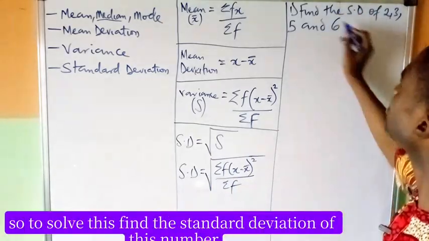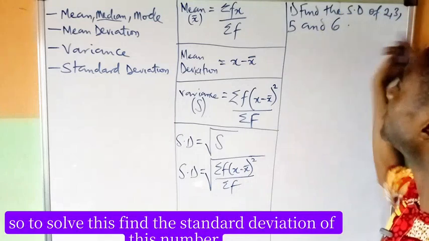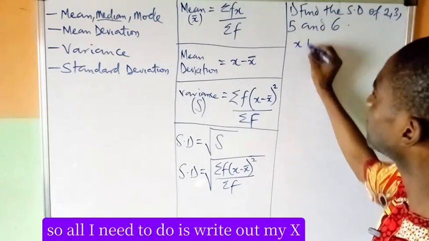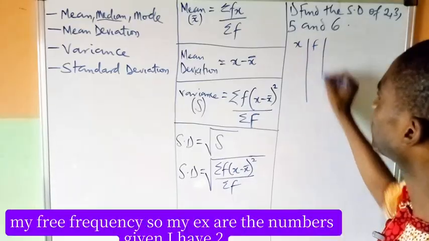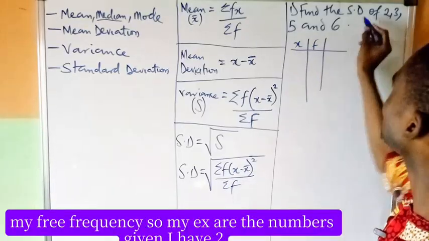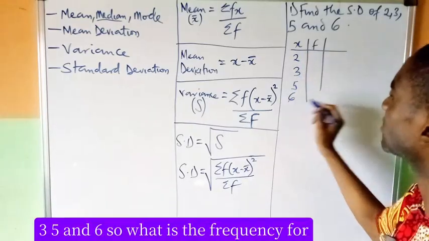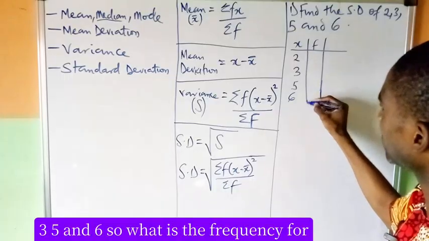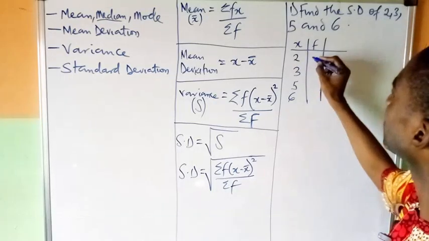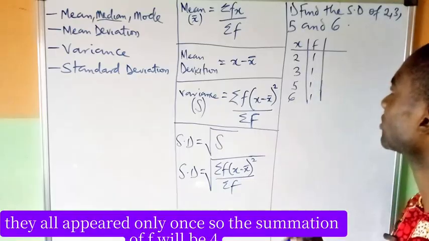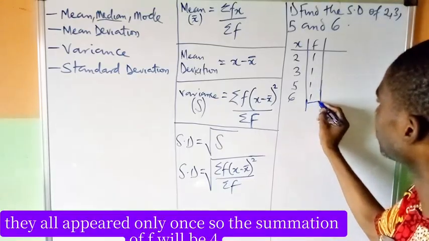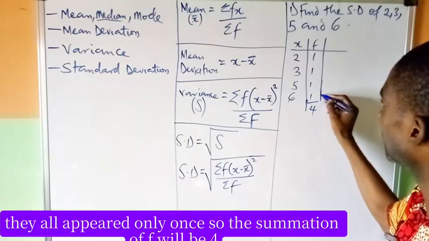To solve this, all I need to do is write out my x and my frequency. My x are the numbers given: 2, 3, 5, and 6. They all appeared only once, so the summation of f will be 4.